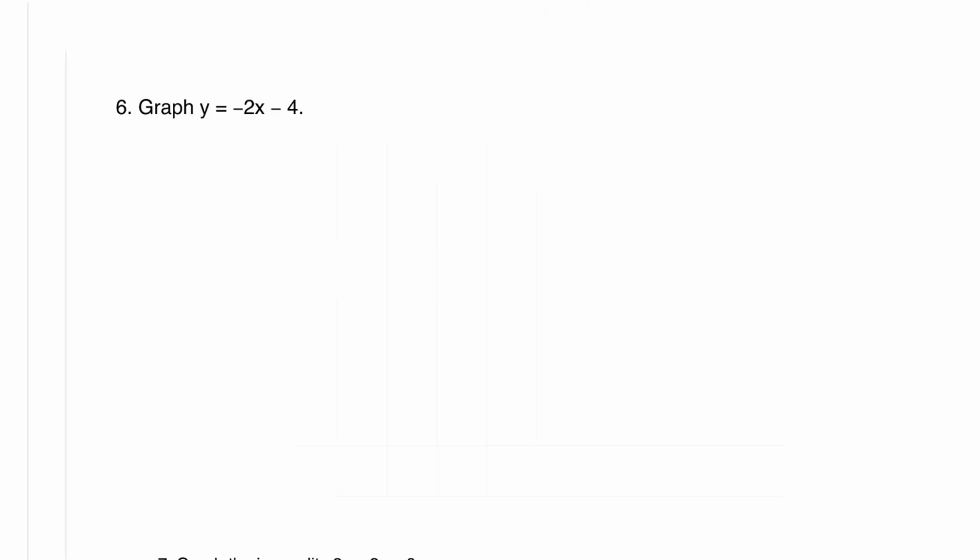Number 6, graph y equals negative 2x minus 4. It's a little bit hard to see on the screen here, but I do have graph paper here. But let's just go ahead and draw our x and y axis. Now we're starting our y-intercept at negative 4.